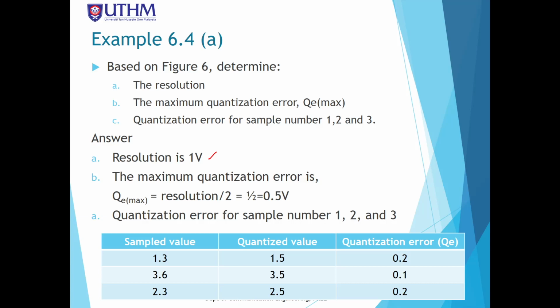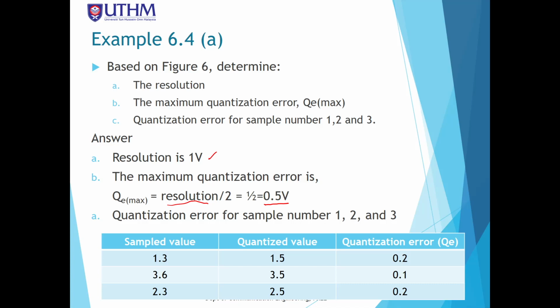So the maximum error that can possibly happen in the system is equal to resolution divided by 2. So 1 volt divided by 2, we get 0.5 volt, half of the resolution. This is the maximum error that can happen inside the system during the quantization process.